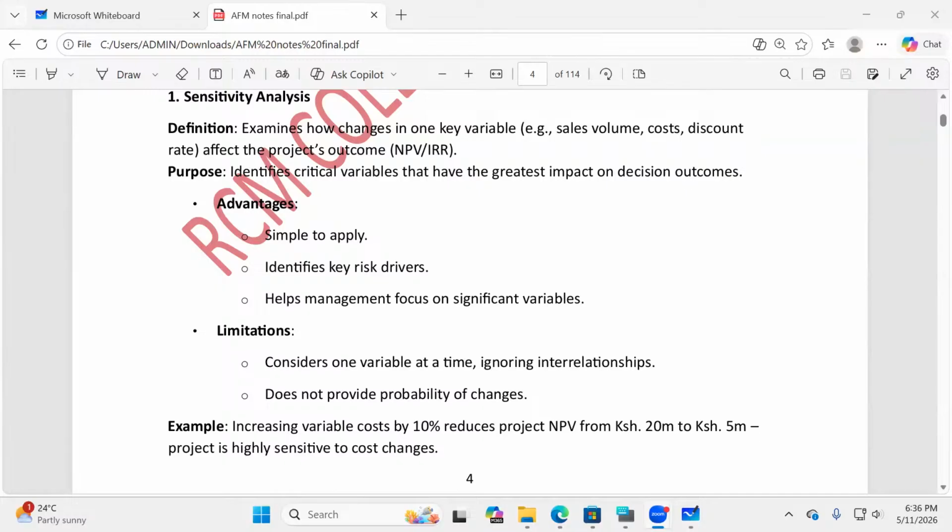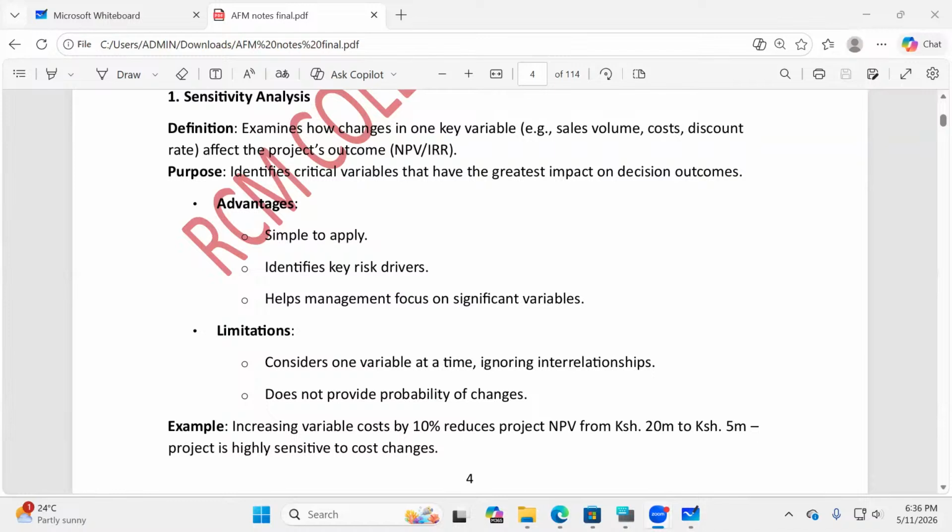So whenever we talk of sensitivity analysis, we are looking at the effect on the net present value as these variables change, but one at a time. How sensitive is this net present value to changes of key variables?